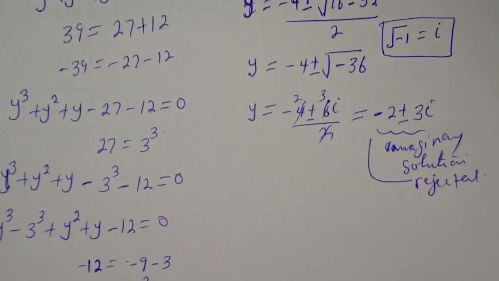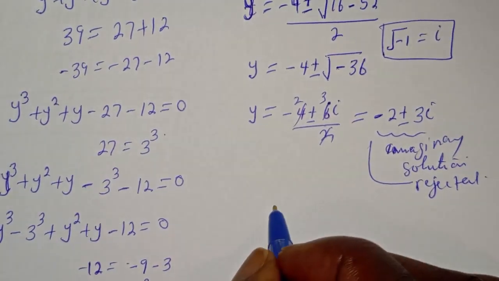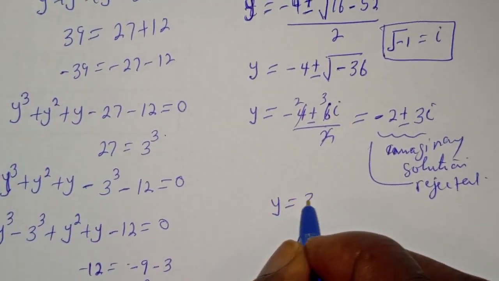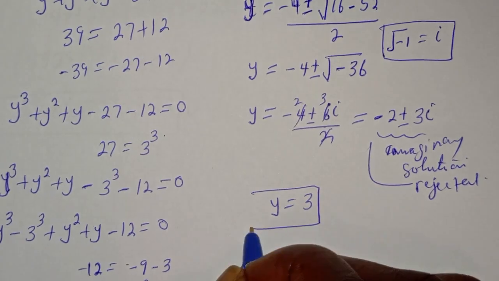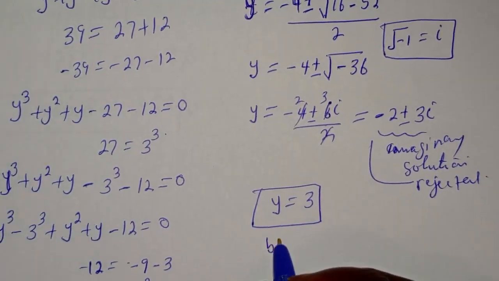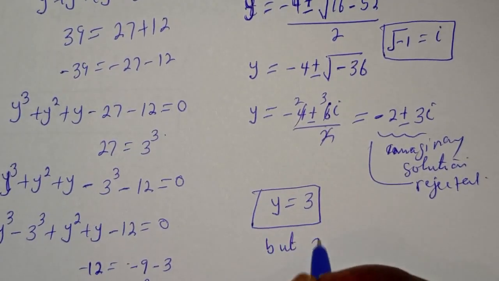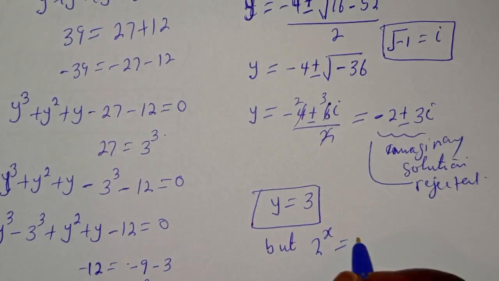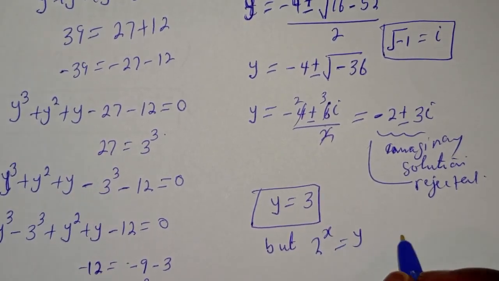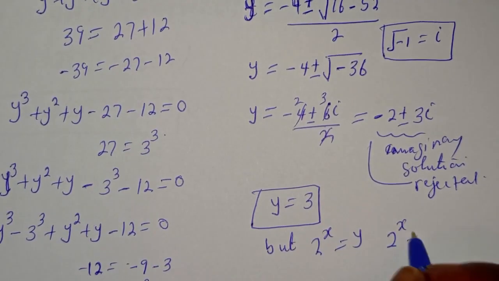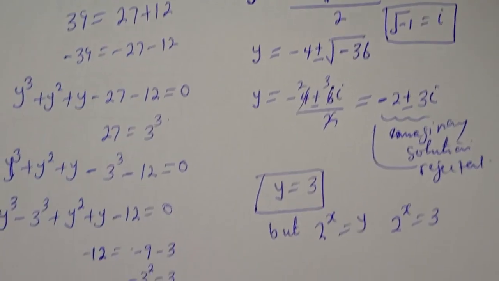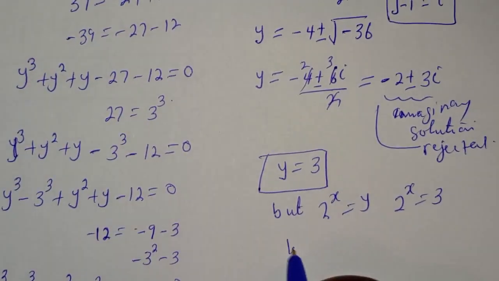The only real solution we have is y is equal to 3. But 2 raised to the power s is equal to y. Then 2 raised to the power s is equal to 3. Let's take the log of both sides.